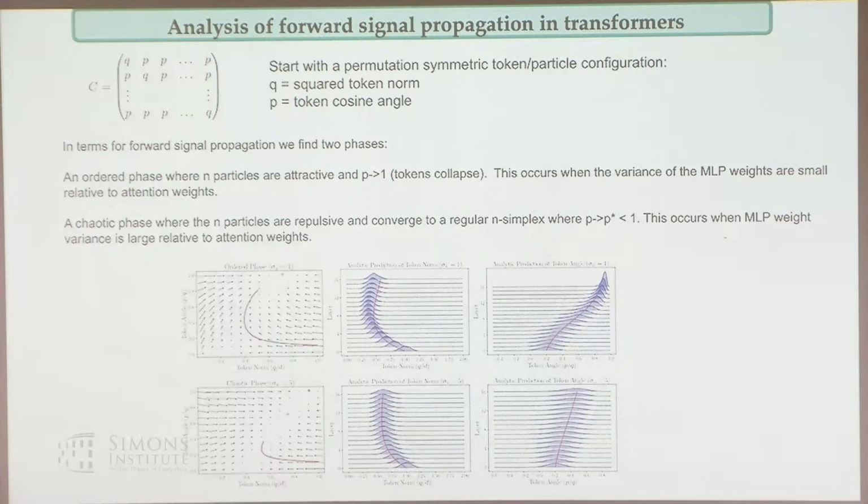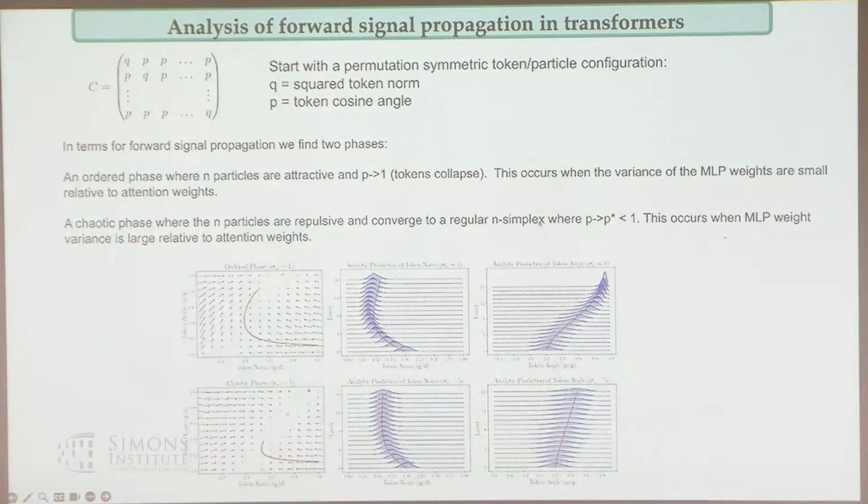So the simplex collapses now to a straight line. The normalization doesn't allow them to collapse to a point. The normalization prevents that. So the next best thing they can do in the ordered phase is collapse to a straight line, right? Actually, because the norms are all the same, they will collapse to a point. But if the norms start off differently, they'll collapse to a straight line.